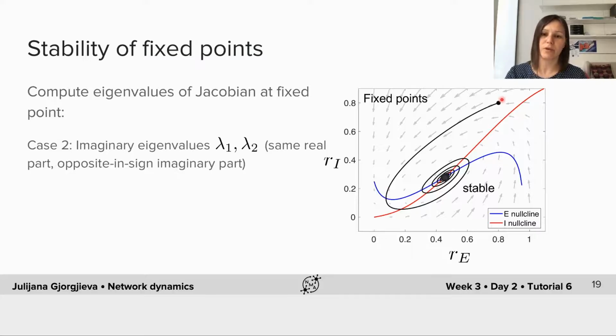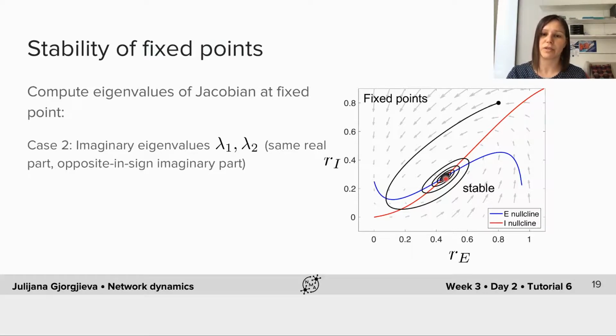And now if we start with a trajectory that begins at this particular initial condition for the excitatory and inhibitory population, we see the trajectory end up spiraling into this fixed point. So graphically, we can derive that this fixed point is stable. But what is interesting is that the dynamics with which this trajectory approaches the fixed point is very different than what we saw before.